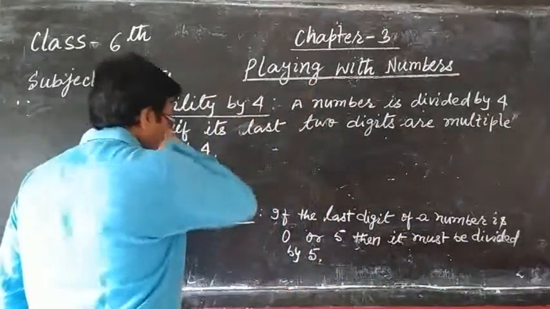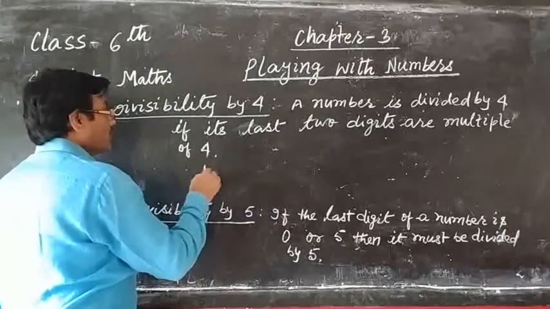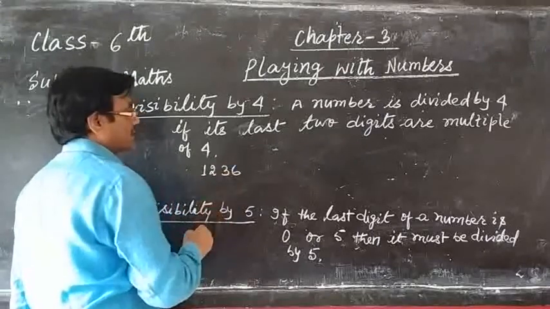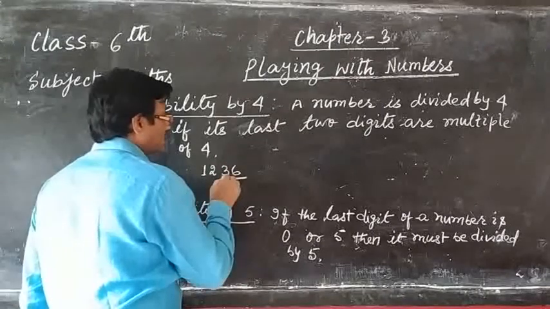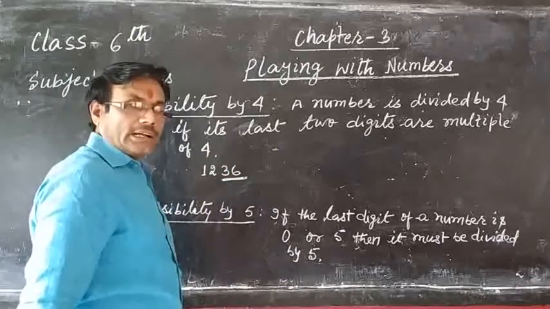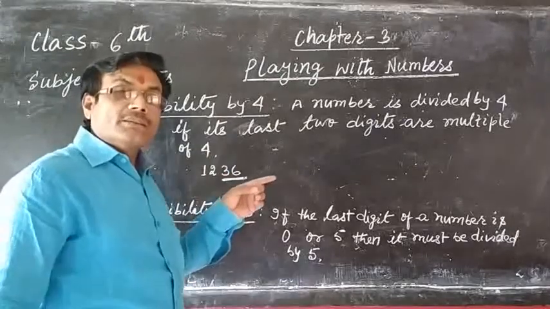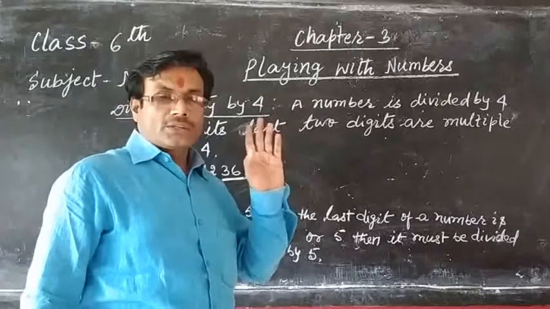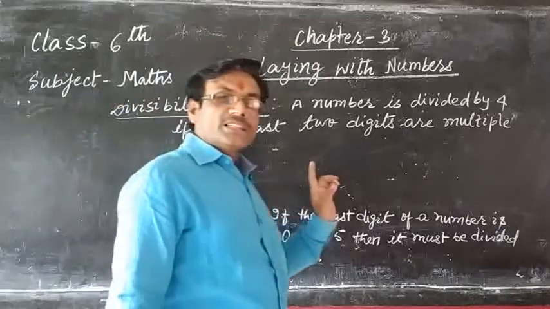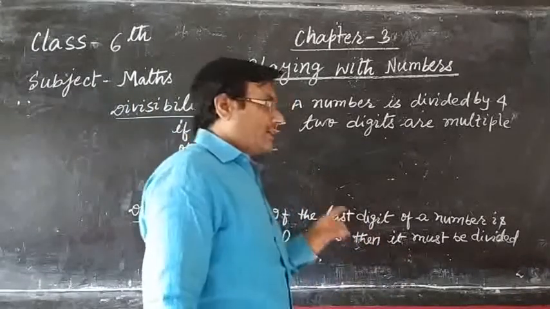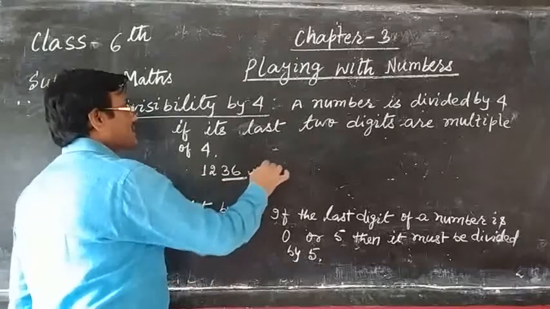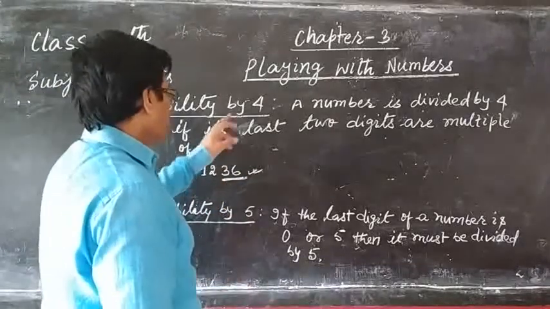Suppose I have a number 1236. Then you have to choose these last two digits. So this is 36. Now check if 36 is divisible by 4 or not. You know that 36 comes in the table of 4, so it must be divisible by 4. That is, the whole number is divisible by 4.